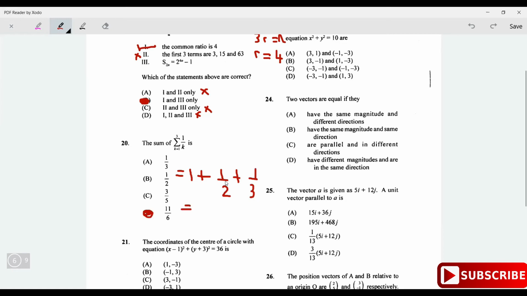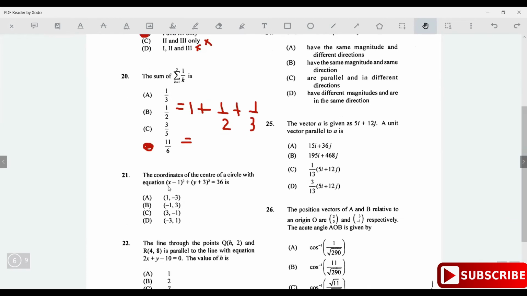Because this is 1 plus 0.5 plus 1 over 3, 11 over 6, yeah. Nice. The coordinates of the center of the circle is, from this we're getting 1, from this we're getting minus 3, so the center is 1, minus 3. Easy. Okay.